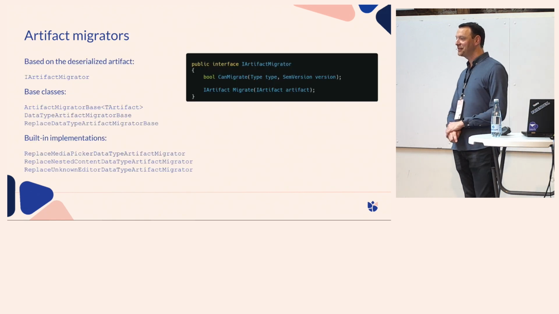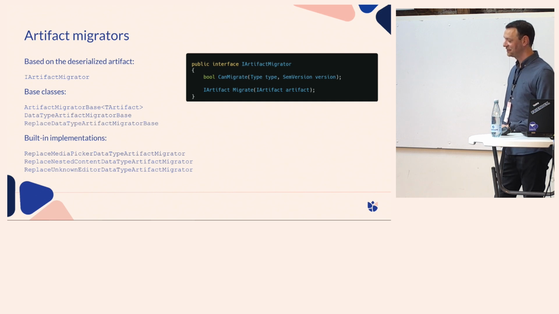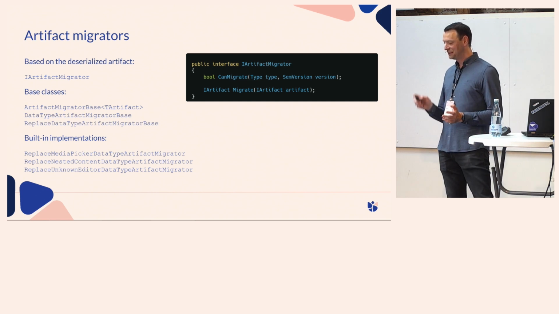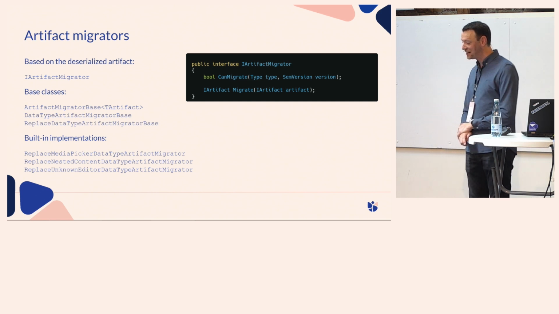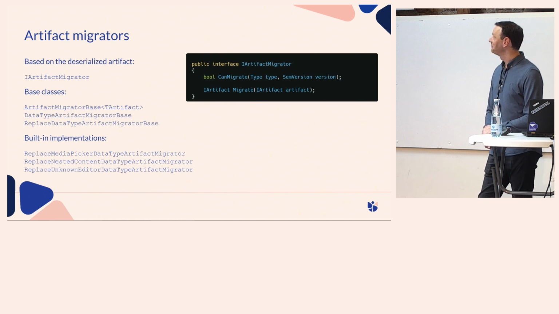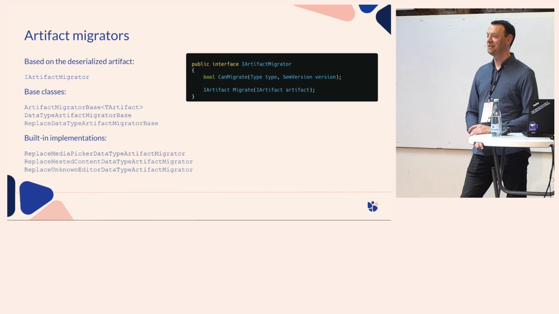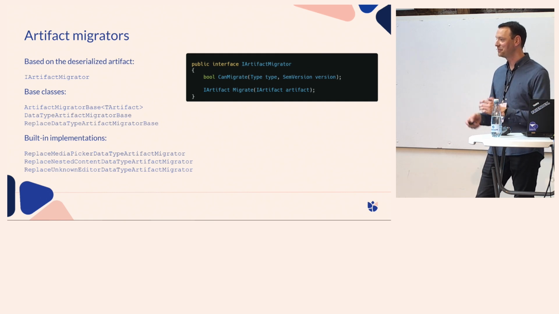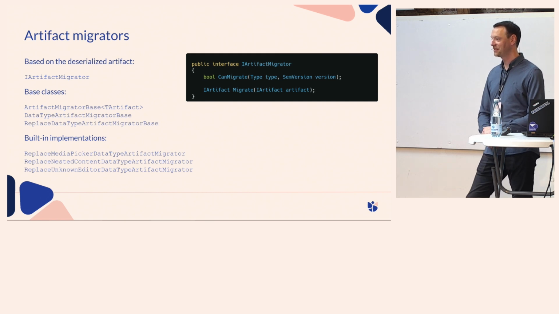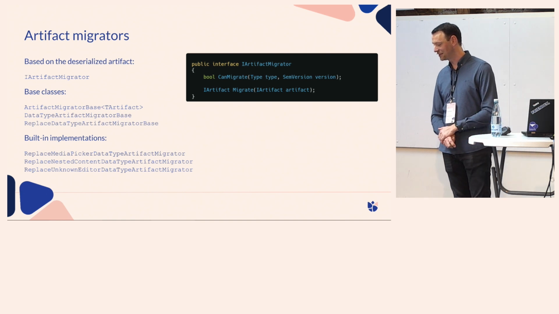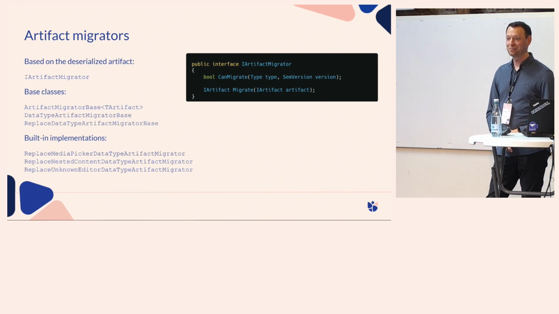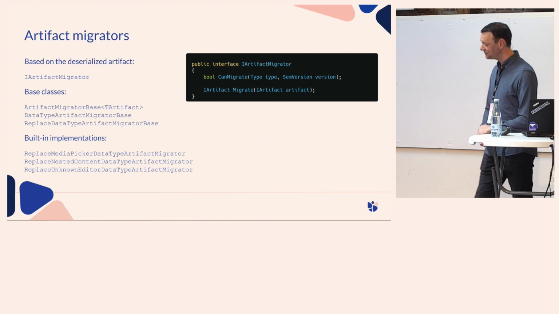There are different types of migrators, artifact migrators available. So the base interface is the artifact migrator, and we have one that allows you to specify the type of artifact that you want to migrate, and optionally also set a minimum and maximum version that migrator has to run on. And that version is based on the type that I showed in the artifact JSON before.